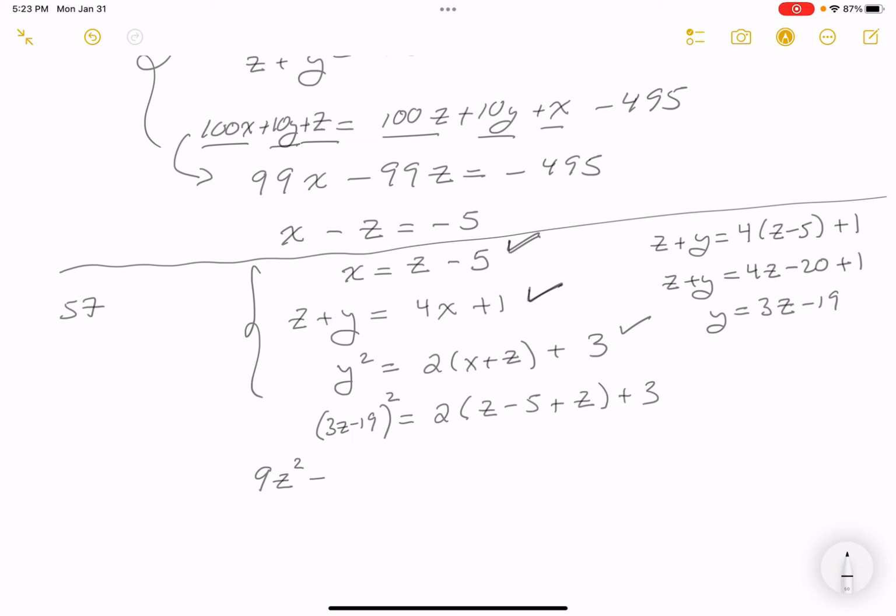That's 114. Plus 19 squared. Well, that's not bad to do. It's 190, right? 10 times 19 is 190. 9 times 10 is 90. And 9 times 9 is 81. And what do you get? 1. 9 and 9 is 18. 18 and 8 is 26. And carry the 2, so it's 361.